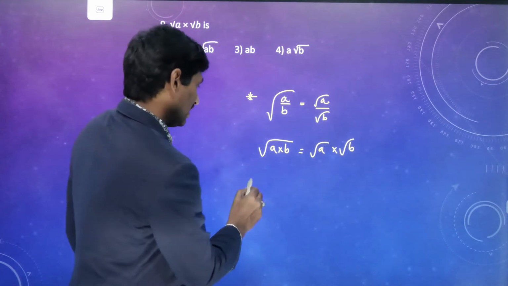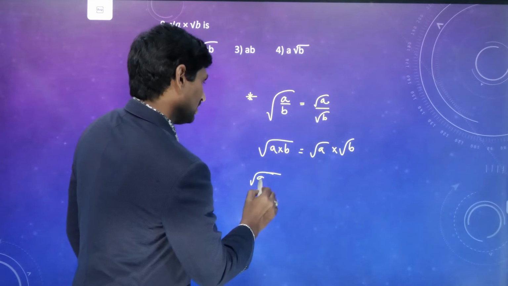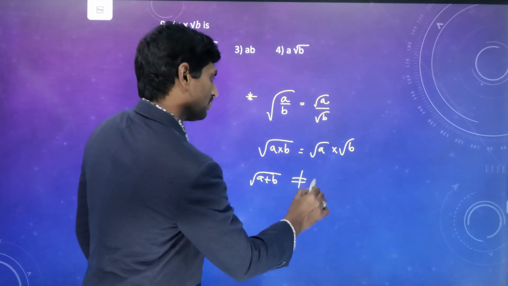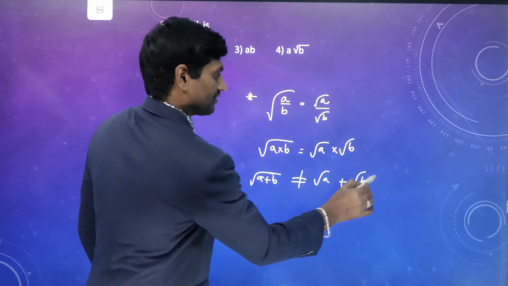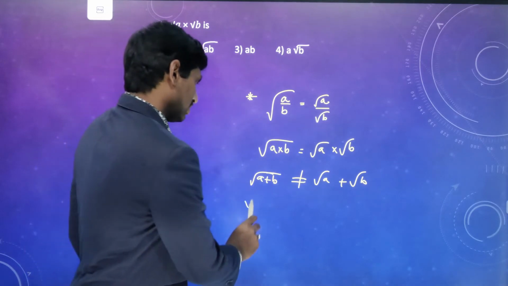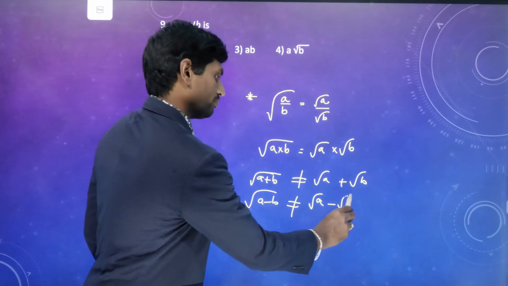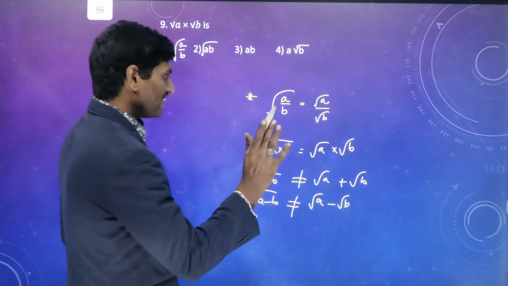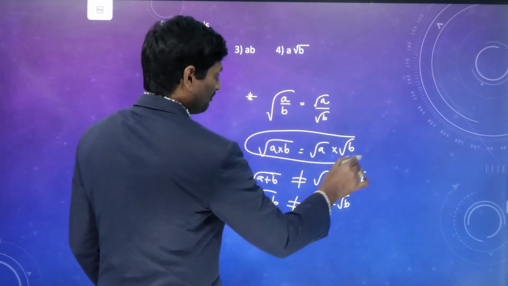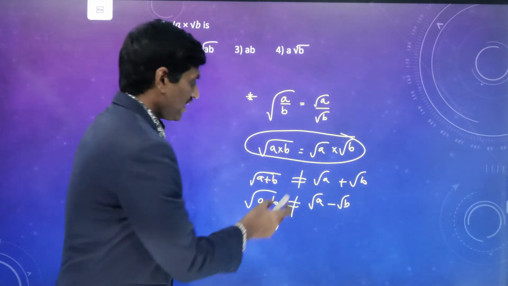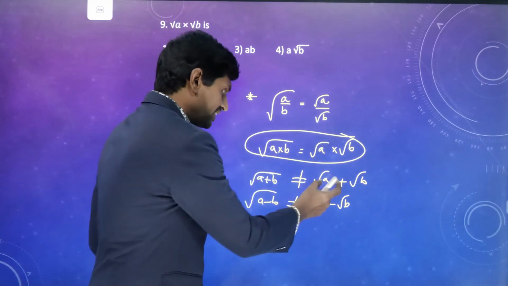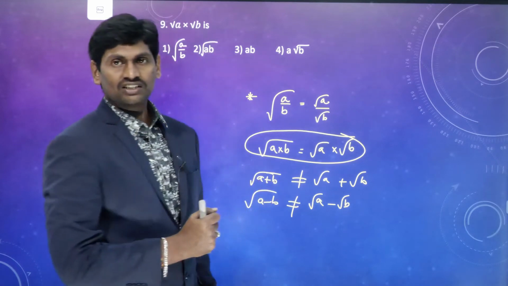Root over a plus b is not equal to root a plus root b. Root over a minus b is also not equal to root a minus root b. Only multiplication and division we can write like this, but addition and subtraction we cannot write together like this.